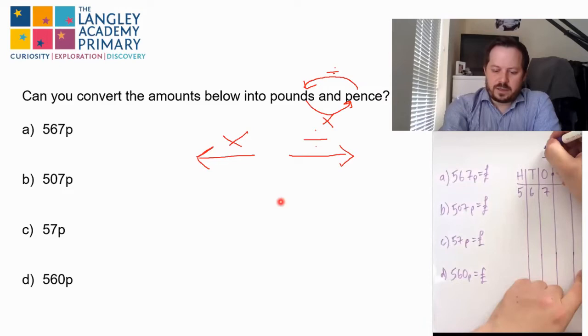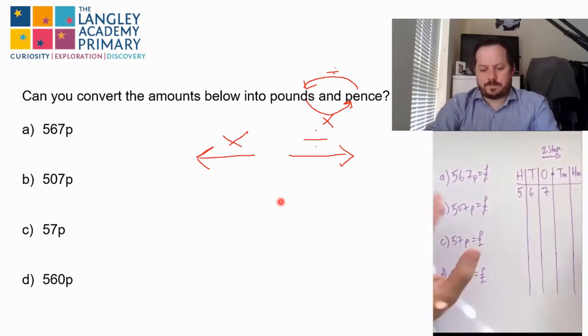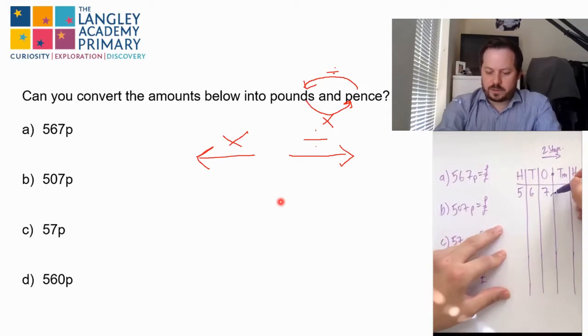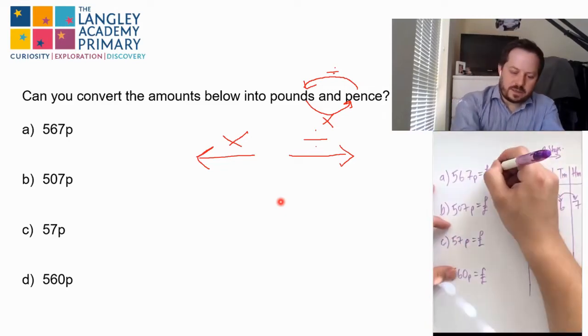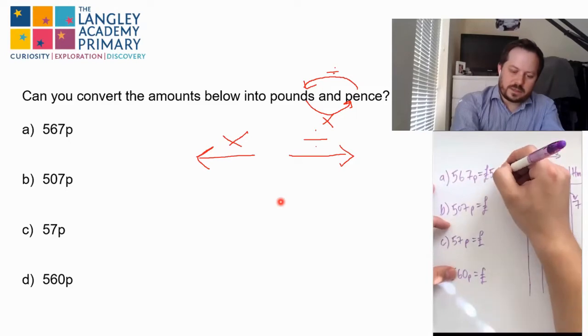So I'm doing 2 steps in that direction. So I take my 7 and go 1, 2. My 7 comes here. I take my 6 and go 1, 2. My 6 comes here. And I take my 5, 1, 2. My 5 goes there. Put my decimal point in. I've got 5.67. So my answer is £5 and 67 pence.